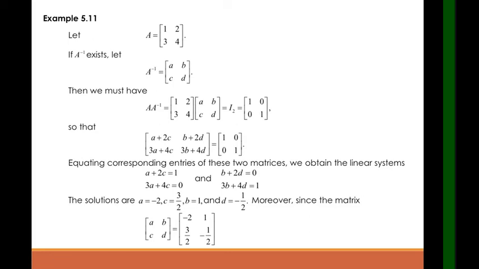Okay? So, paano kaya nakuha ito? That's the question. Paano nakuha si negative 2, C 3 over 2, 1, D is equal to negative 1 half?